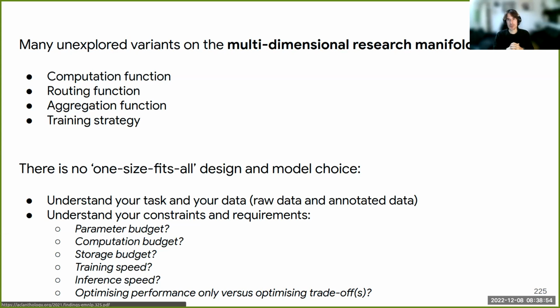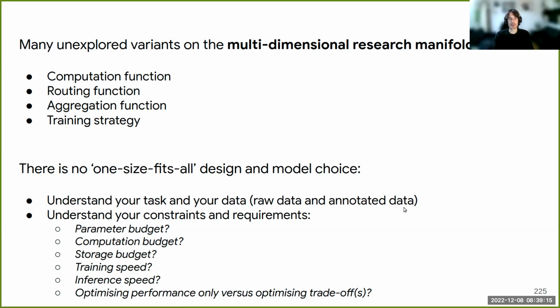So I will just quickly conclude that we have many unexplored variants on the multidimensional research manifold that we introduced here, which includes computation, routing, aggregation functions, and even training strategies, which we didn't even touch upon. And there is no one-size-fits-all design and model choice.